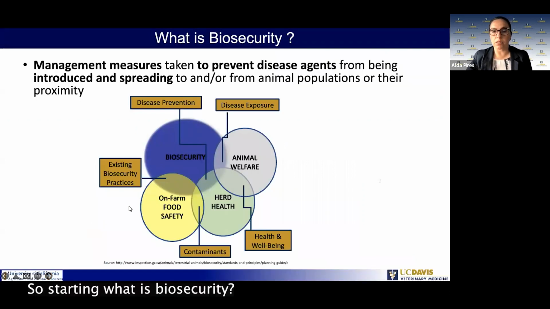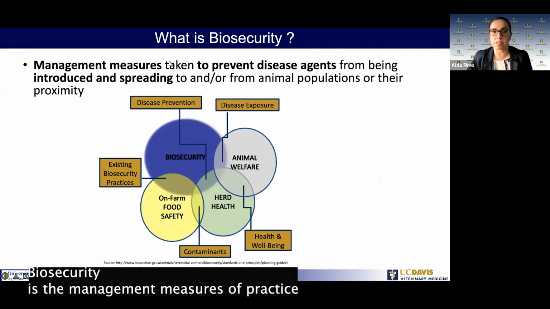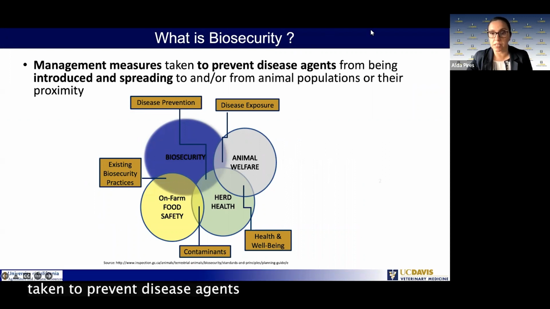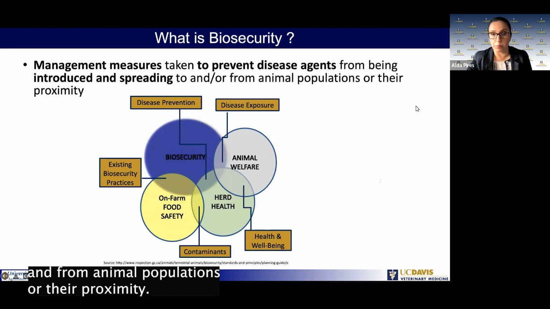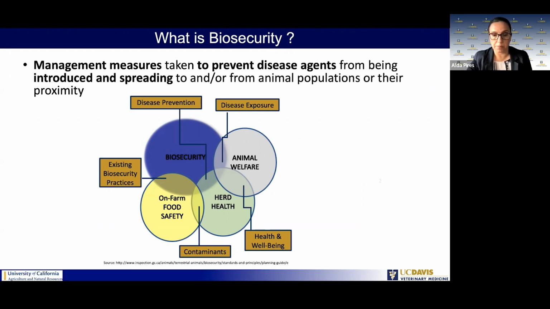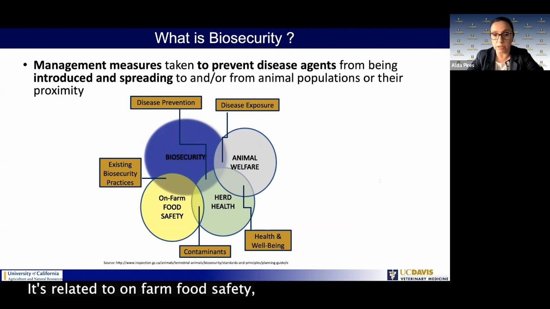So, starting, what is biosecurity? Biosecurity is the management measures or practices taken to prevent disease agents from being introduced or spreading to and from animal populations or their proximity. Biosecurity is related to on-farm food safety, herd health, and animal welfare.